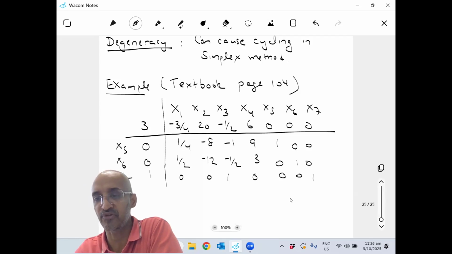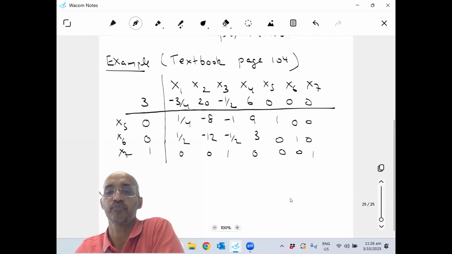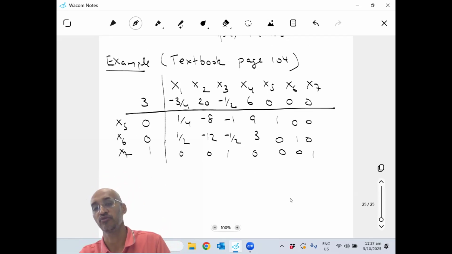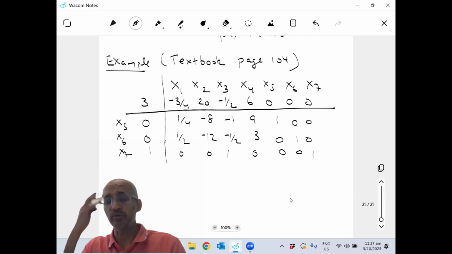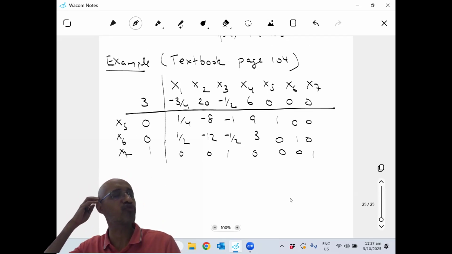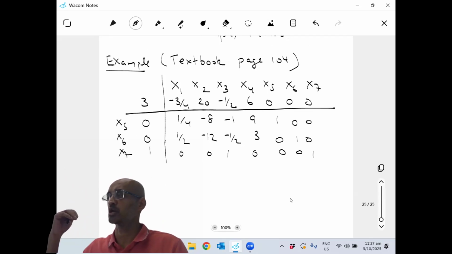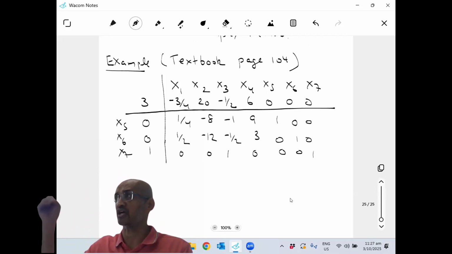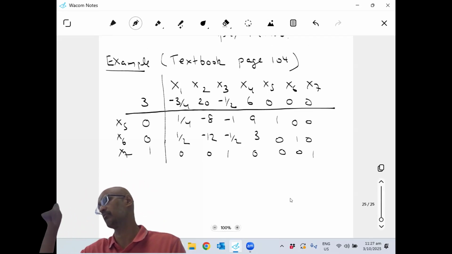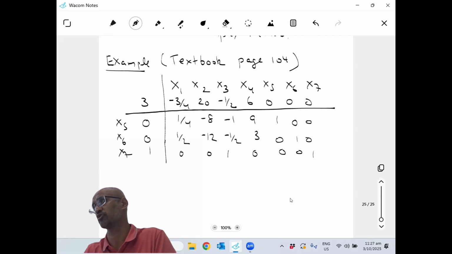Remember where my basic variables are: there's an identity, so that's a basic feasible solution, standard form LP. There's the negative of the cost, and there's a reduced cost. Now in the simplex method, we have choices of the entering and the exiting variable. Of course, the entering variable has to have negative reduced cost. The exiting variable has to attain the minimum in the minimum ratio test.